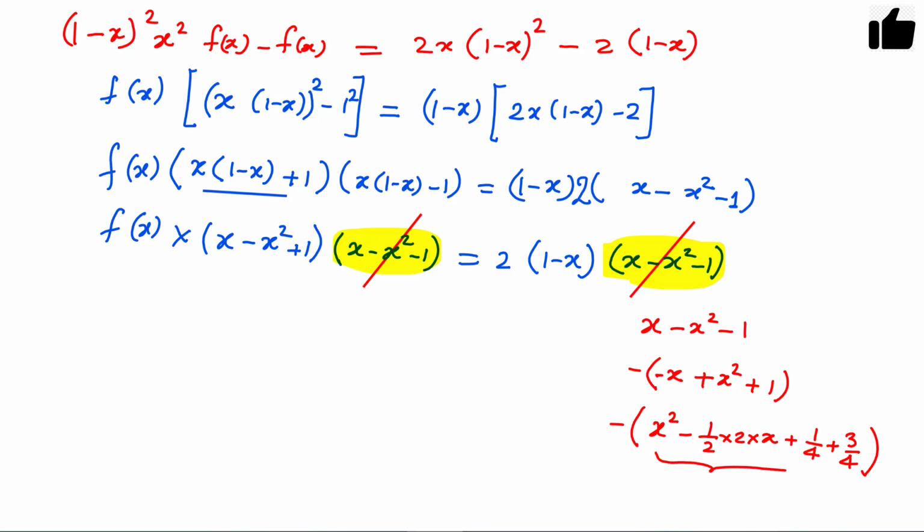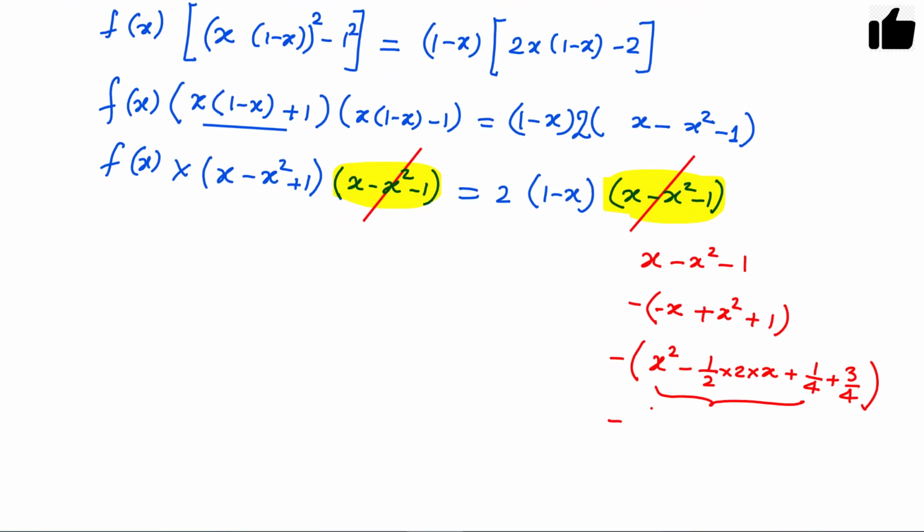This is nothing but (x minus 1 by 2) whole square plus 3 by 4. So this is a positive number and this is also a positive number, so this term is greater than 0. Of course, you have a negative sign, so overall this is negative, but it is not 0. So I can say this term is not 0, and that's why we have cancelled this term.